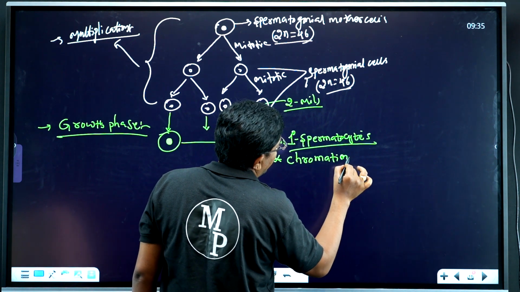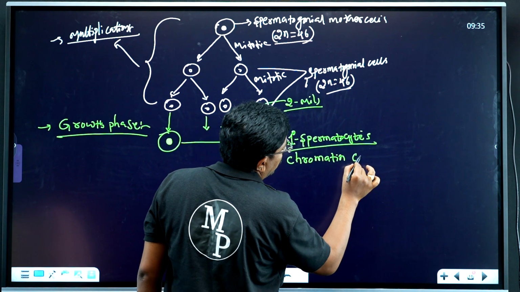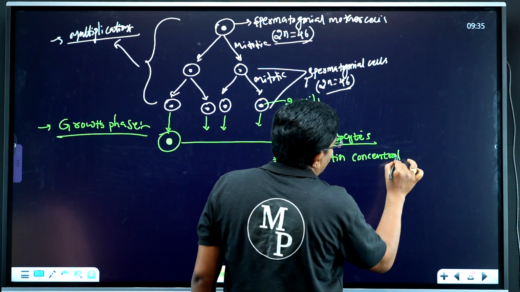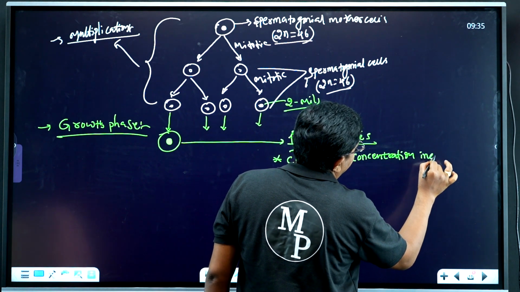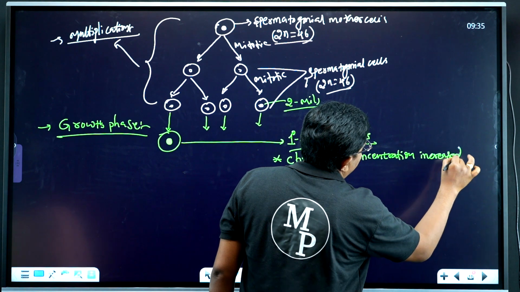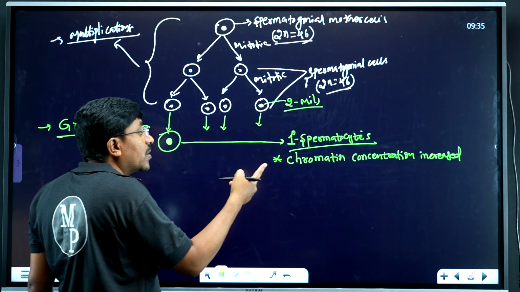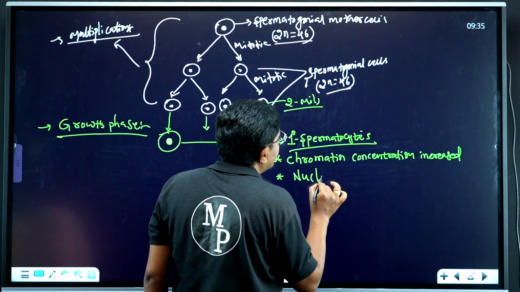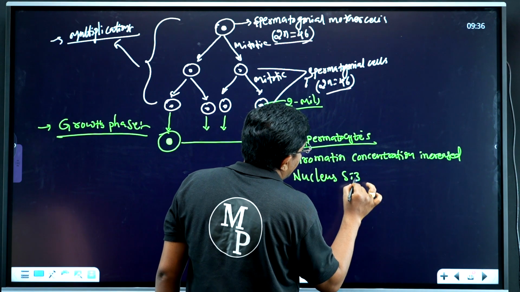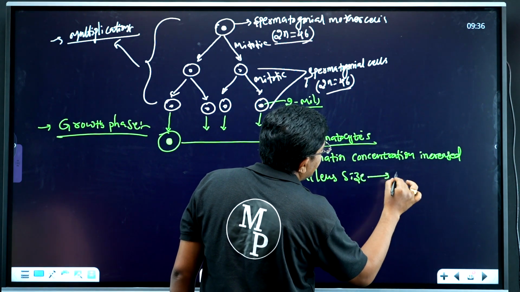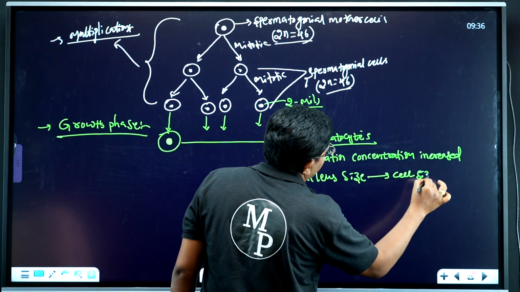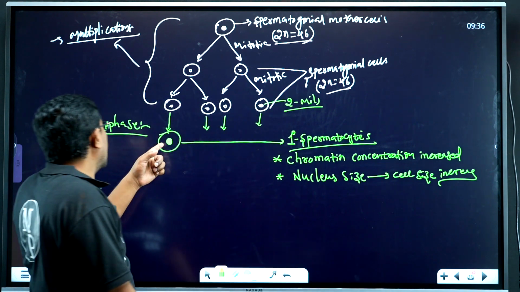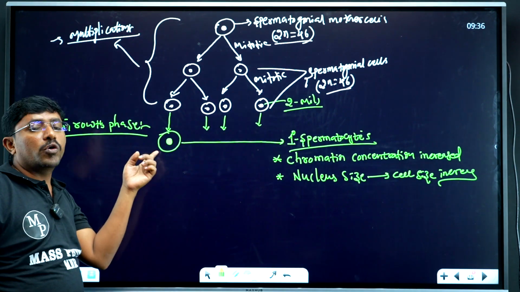By increasing the chromatin concentration, the nucleus size increases. By increasing the nucleus size, the cell size also increases. In this process, the cell size is increased in the growth phase.